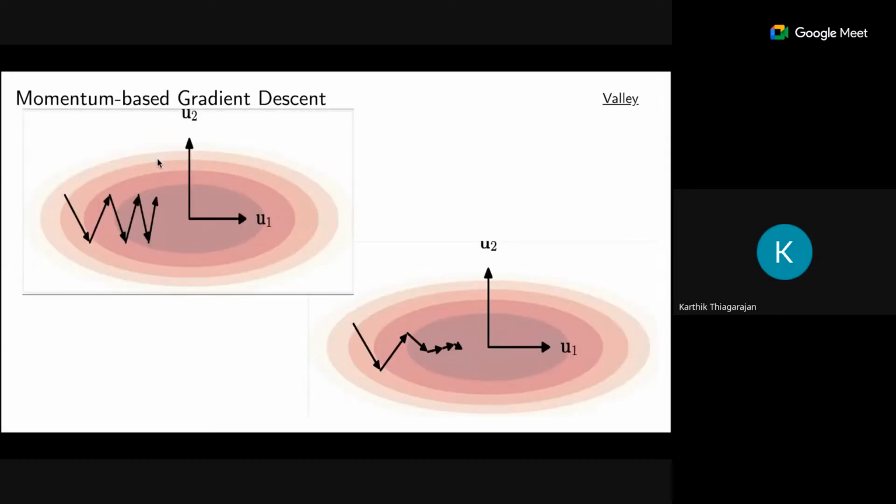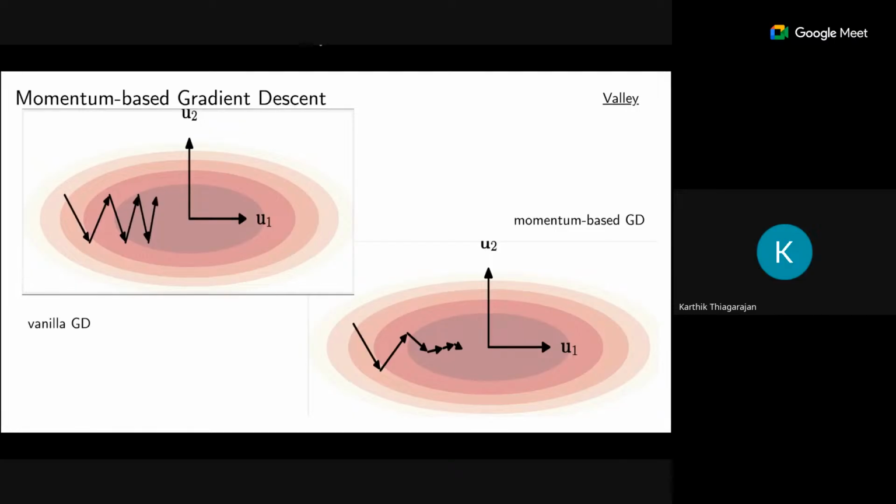If you actually look at this, it is directly from Bishop. If you look at these two graphs, do you see which one is vanilla gradient descent and which one is momentum based gradient descent? The bottom one is the momentum based gradient descent, and the left one on the top is vanilla GD, right?